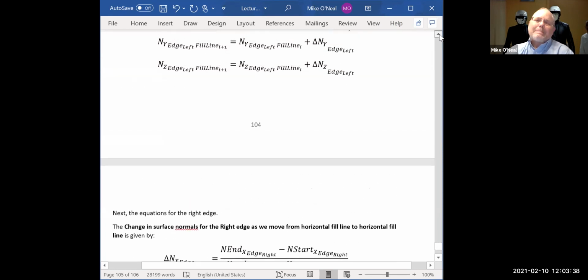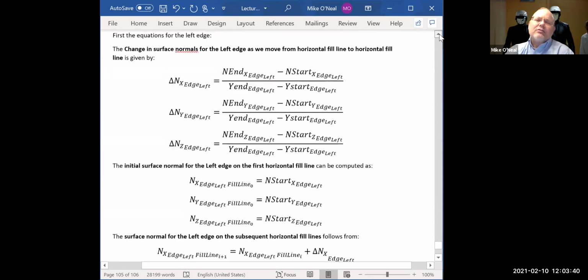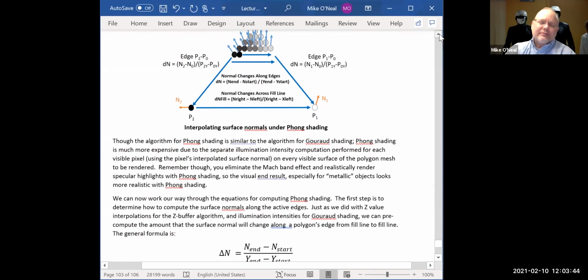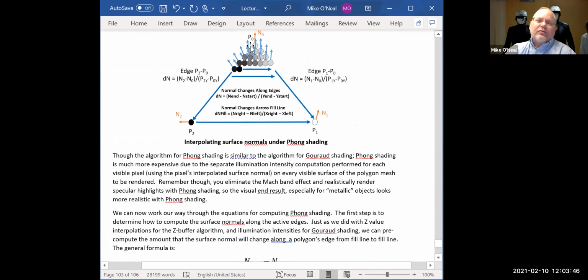So basically, all of these equations that I just talked about are giving you the change from scan line to scan line, from fill line to fill line. They're telling you where you start, the start point, and then how to get the next one from the previous one.